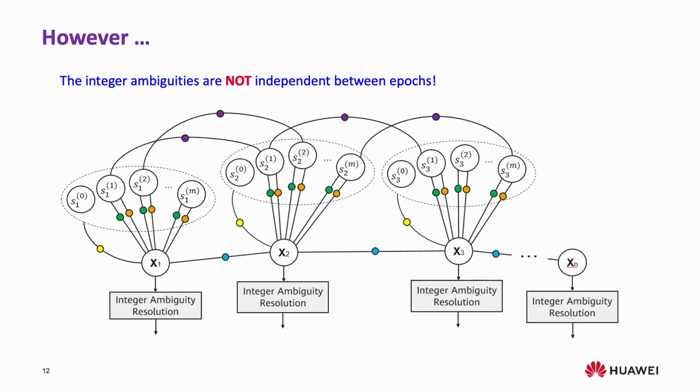The problem with this framework is that the integer ambiguity has been resolved independently between epochs. However, by nature, they are actually time-related. But in this framework, the resolved ambiguity has not been helpful for ambiguity resolution at other epochs.